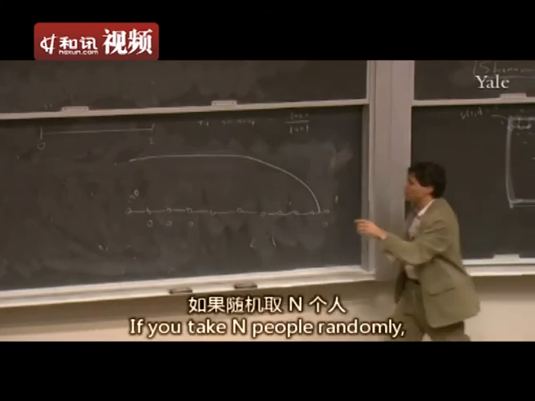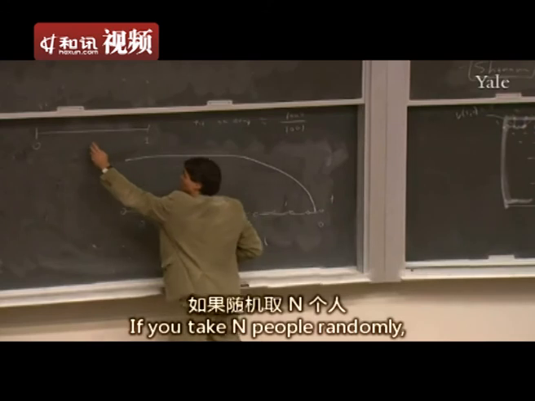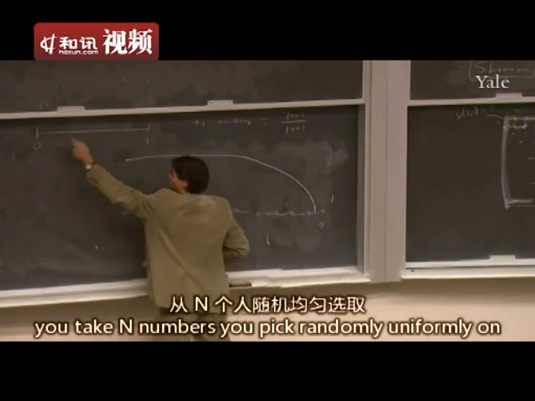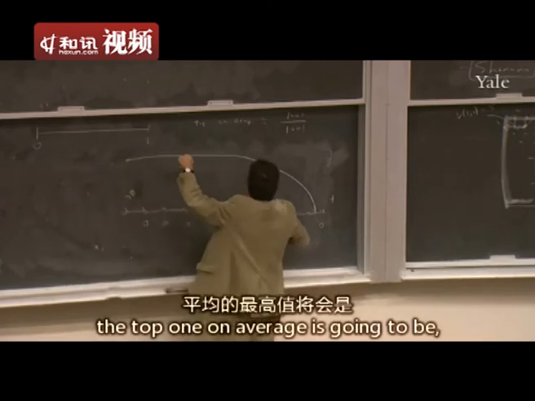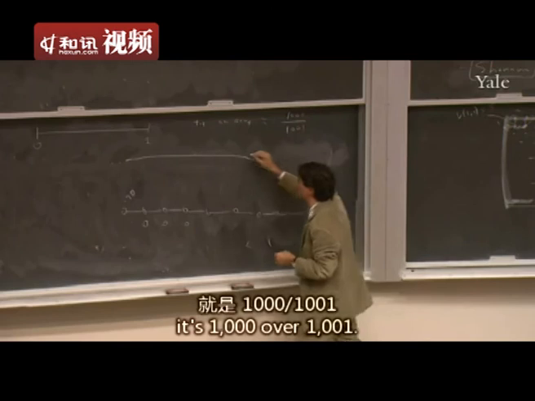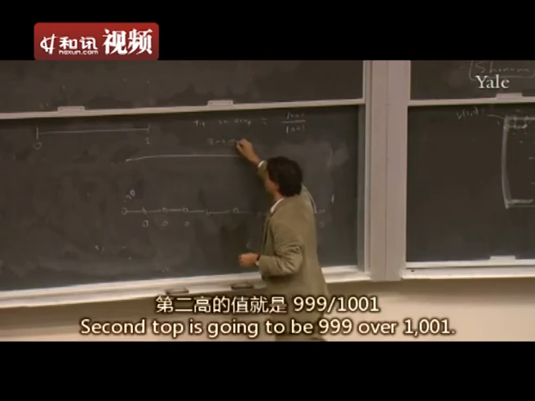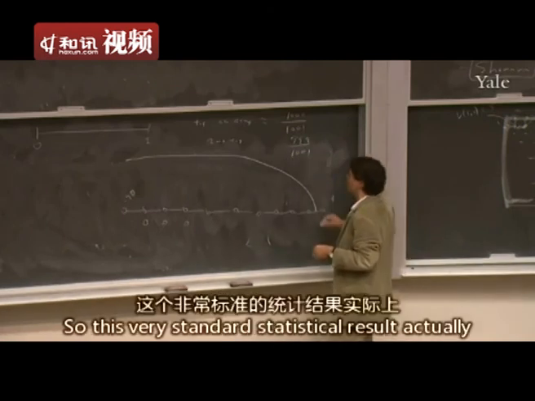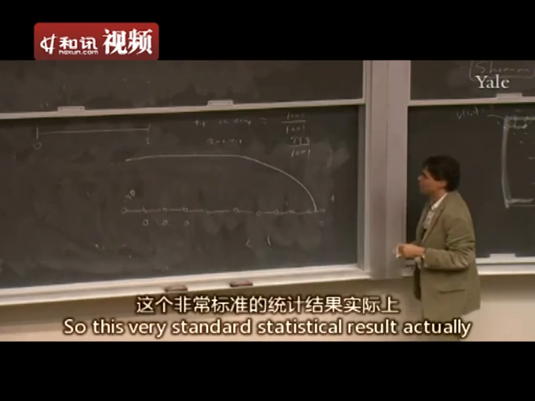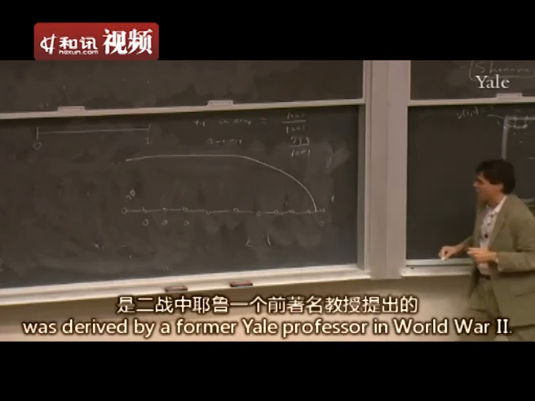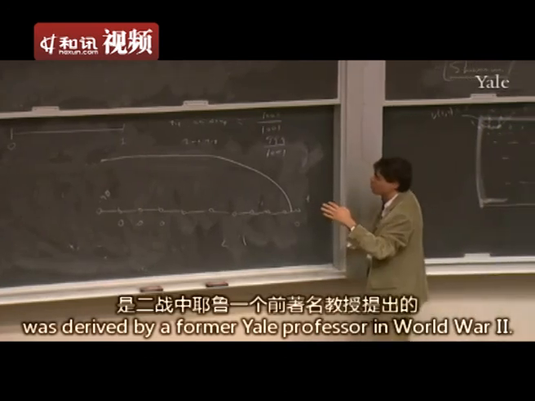This is a famous problem. If you take n people randomly, you take n numbers, you pick randomly uniformly in 0, 1, the top one on average is going to be, if there's 1,000 women, 1,000 over 1,001. Second top is going to be 999 over 1,001. This very standard statistical result was actually derived by a former Yale professor in World War II.